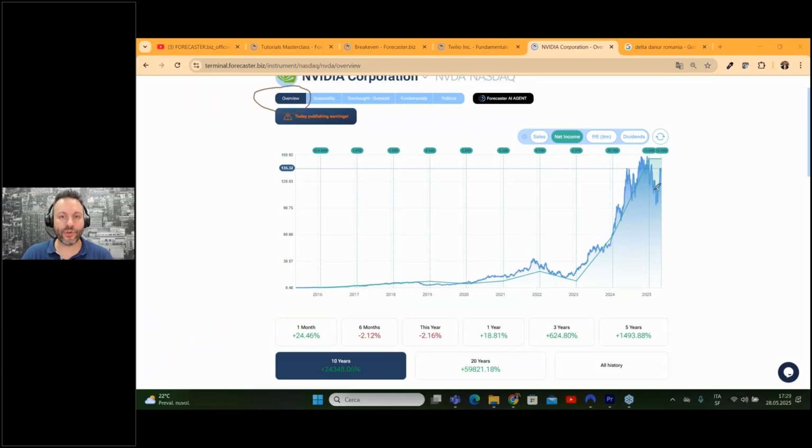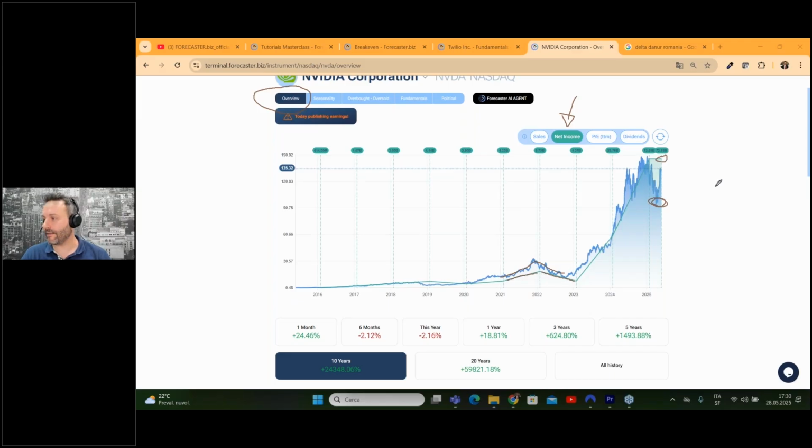Here in the overview page, we have the chart of the stock compared with the net income. And as you can see, prices go up when the net income goes up, prices go down when the net income goes down.